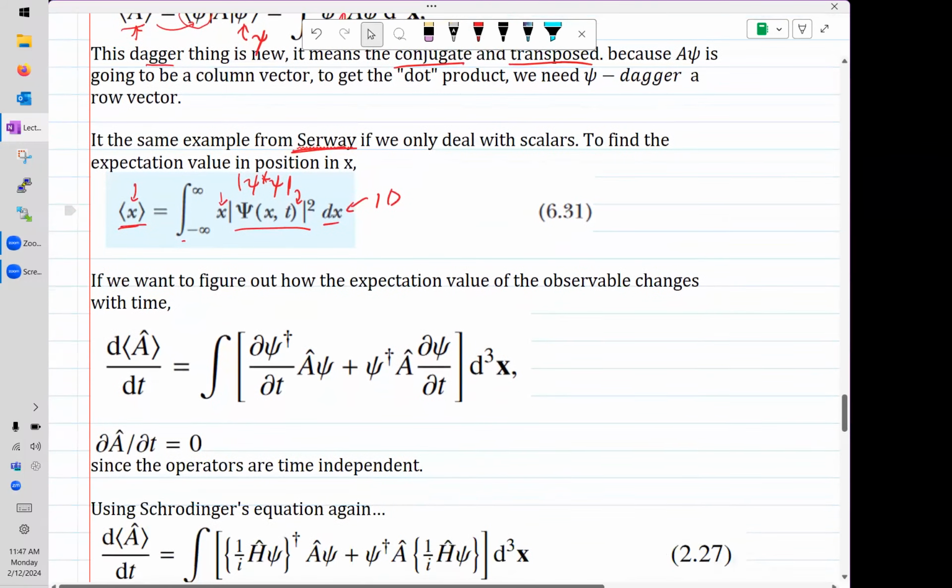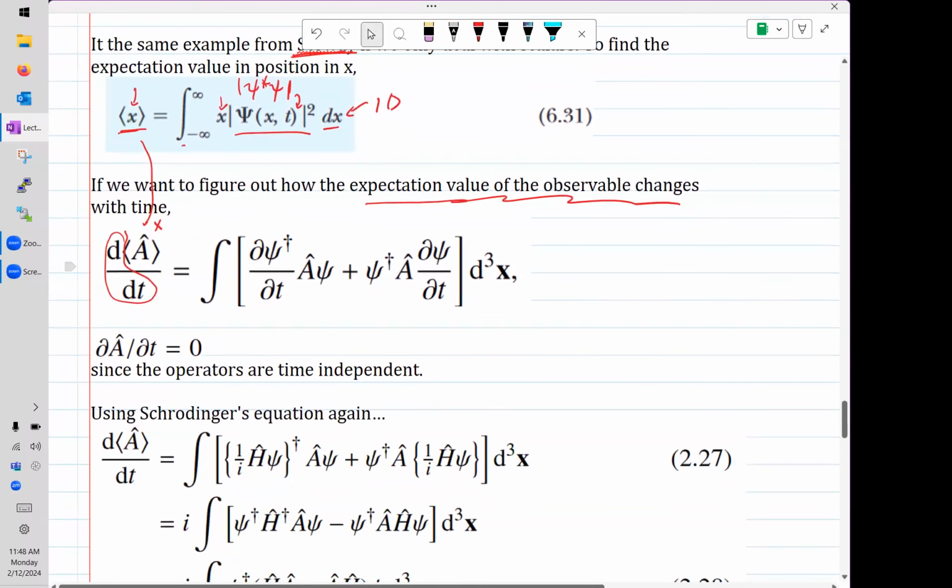But if we want to figure out how the expectation value of this observable changes, maybe we want to take the time derivative of that particular observable. Whenever you see the A here, you can just replace it with x for now, because we're doing the x version of it.